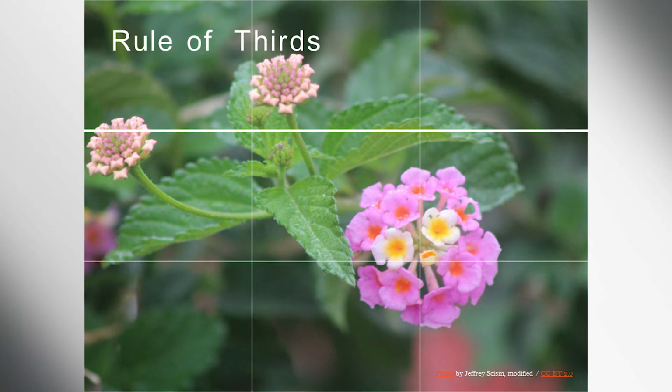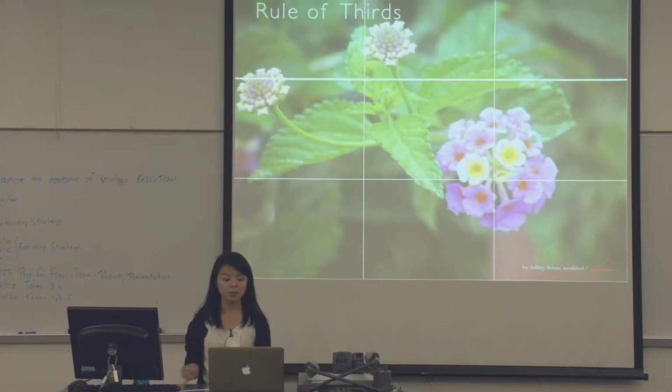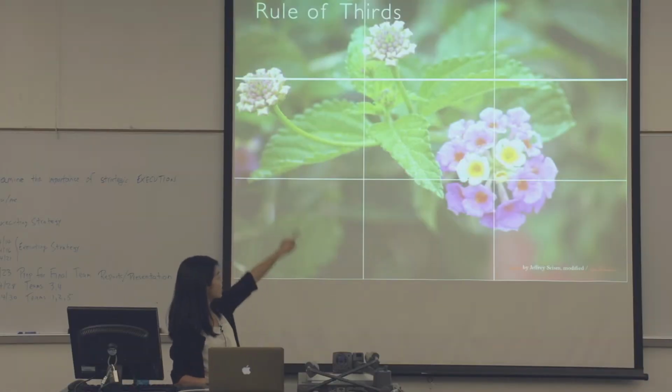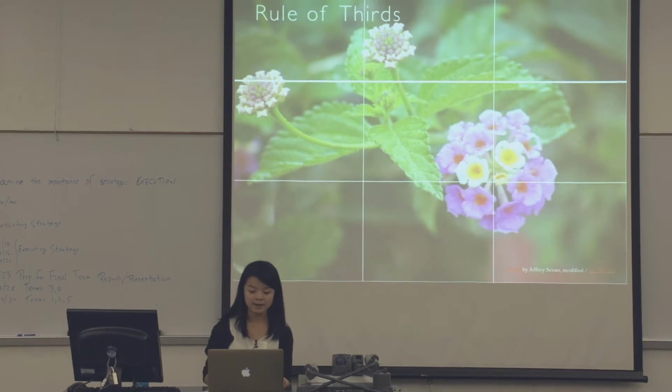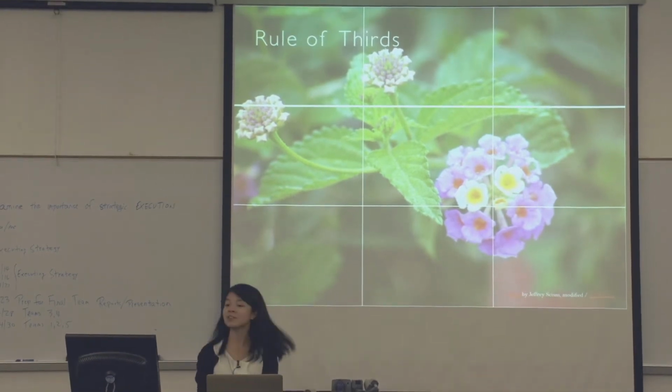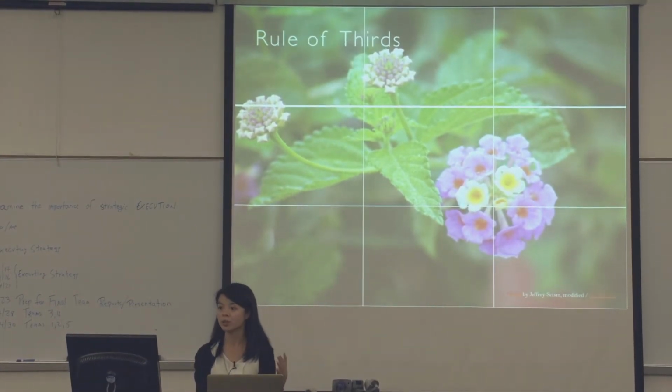And then another thing to understand is the rule of thirds, which is this theory that if you place points of interest on the intersections of this grid, your photo becomes more balanced, or your design. And it enables the viewer to interact with your design more naturally.